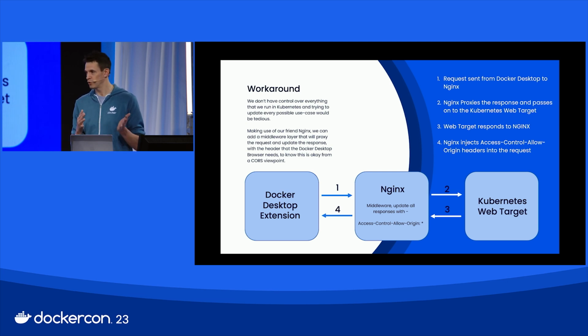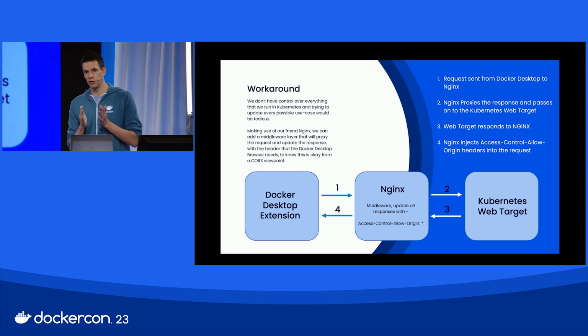So what actually happens, Docker Desktop will make a request to Nginx. Nginx will make the request to the Kubernetes web target. The Kubernetes target responds, and then as it responds, Nginx is injecting some CORS headers into it, saying, I allow everything with CORS, and then it passes it back to the Docker Desktop extension.